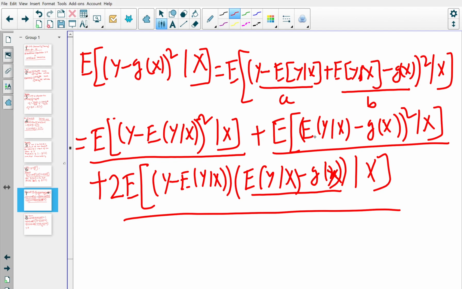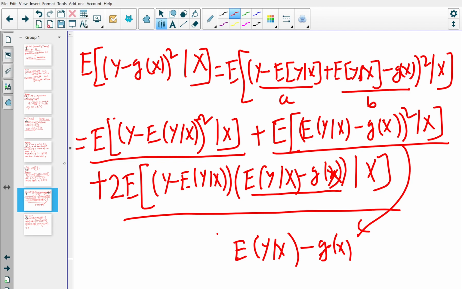The second term is also a function of x, so it is nothing but the expectation of this. So the only interesting part is this one: the expectation of (y minus g(x)) whole square, which is always non-negative.